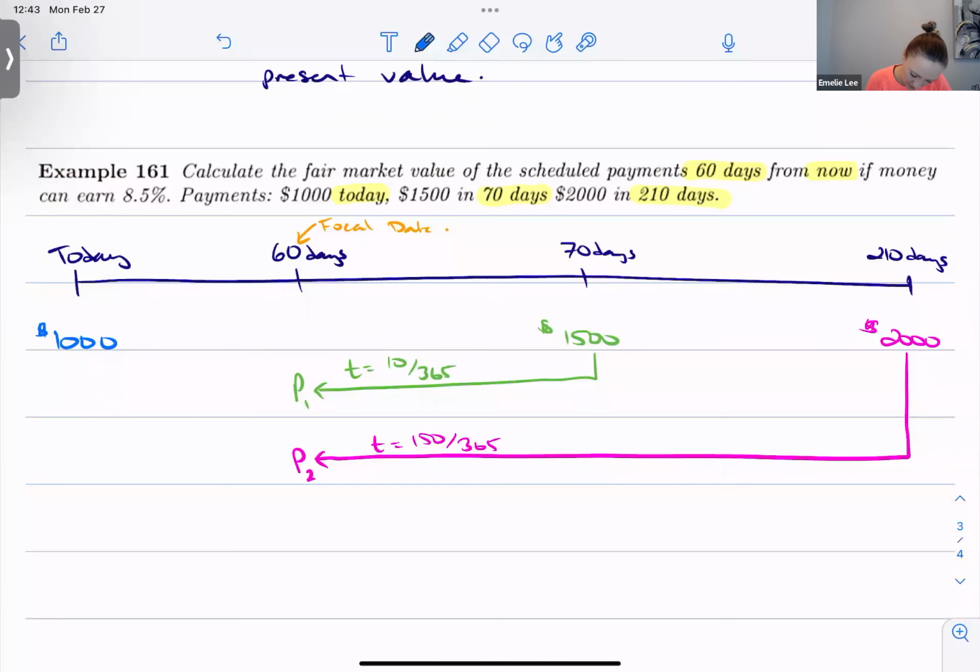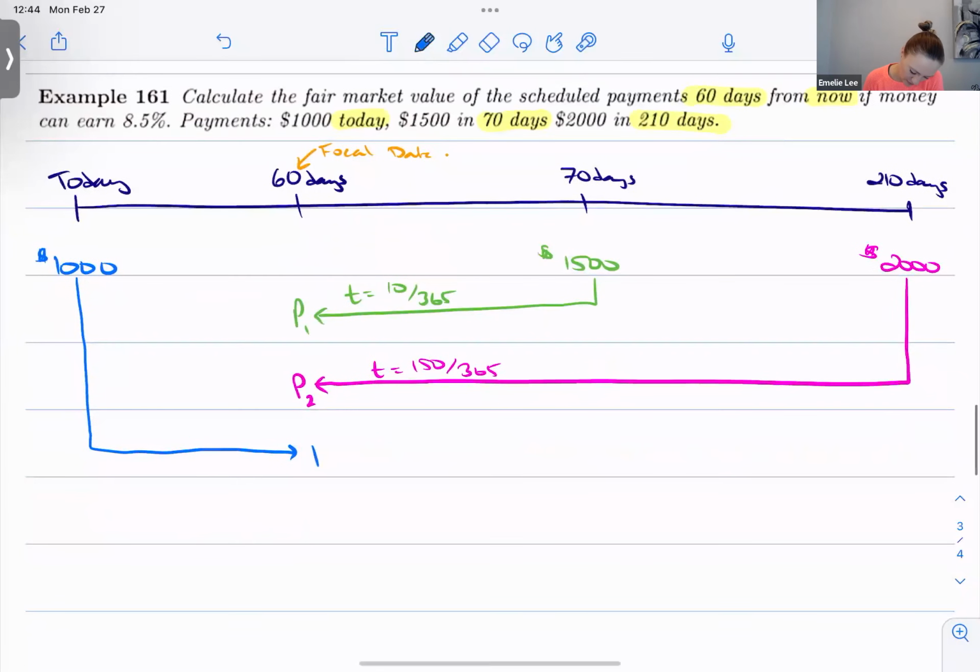This little guy, this $1,000, also has to be pulled to the 60-day mark. The difference is that it's being pulled forward, so that $1,000 is going to be worth more than $1,000, whereas these 1,500 and 2,000 are going to be worth less as we pull them backwards.